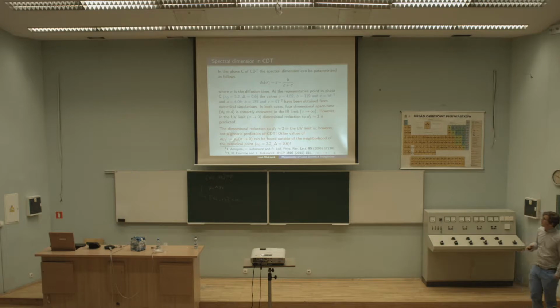Therefore, previously it was difficult to perform simulations there. Recently, due to improvements at the level of the computations, it was possible to show that this dimensional reduction in different parts of phase C might differ from the value 2.